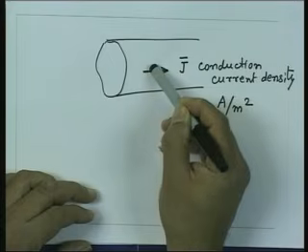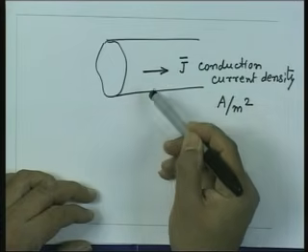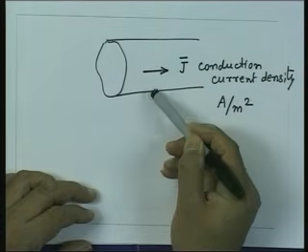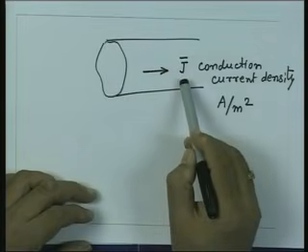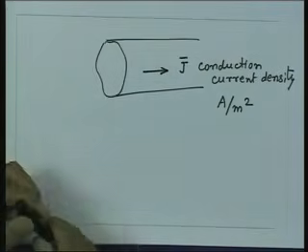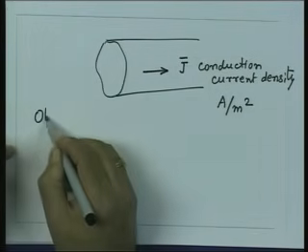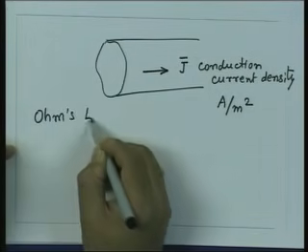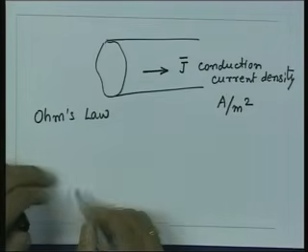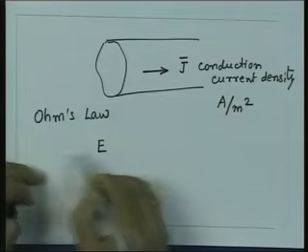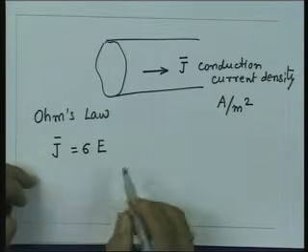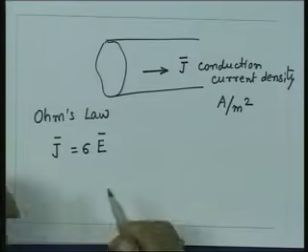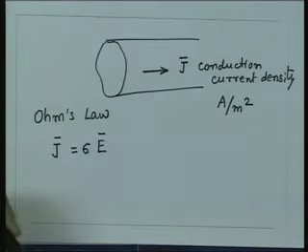Here we have a parameter which is the conductivity of the medium, which is the inverse of the resistivity of the medium. So, essentially we have a relationship between the electric field which is driving this current and the conduction current density. So, Ohm's law in general form is the conduction current density J equal to the conductivity of the medium times the electric field.